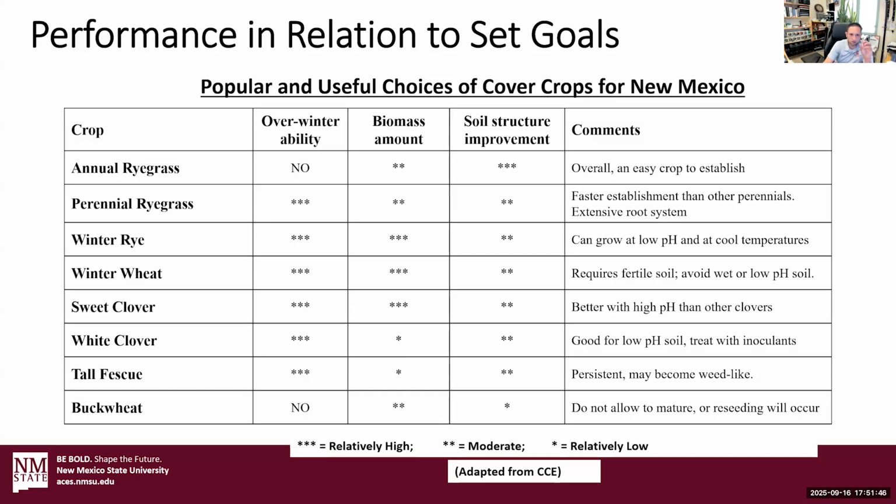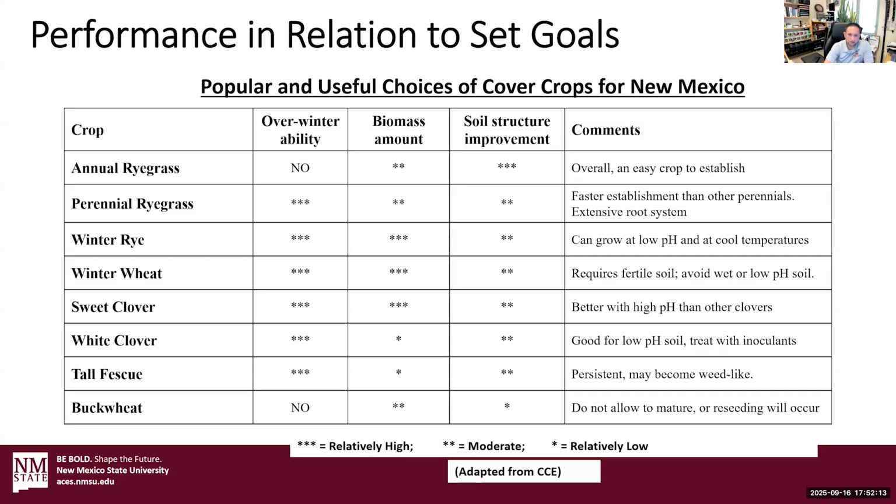It lists the overwinter ability, the amount of biomass that's produced, the type of soil structure improvement, and a few comments as well. You can see the annual ryegrass doesn't have the ability to overwinter, so maybe that's not a good choice for your fall cover crop. The same thing for buckwheat.